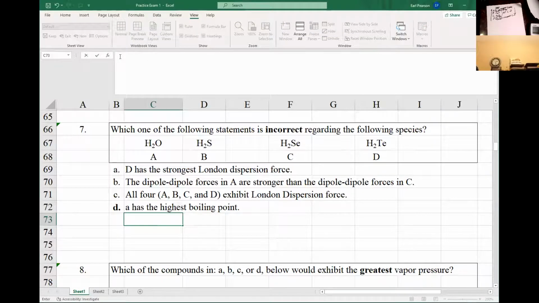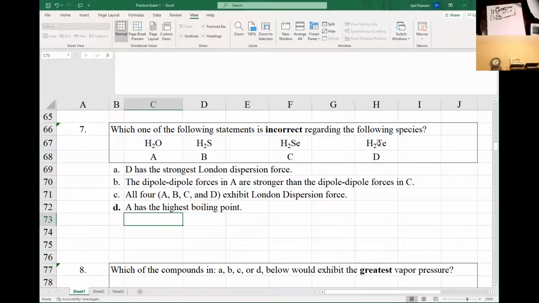I've got to go up one. And this needs to be A. No, A. Now, so this would be the correct answer.